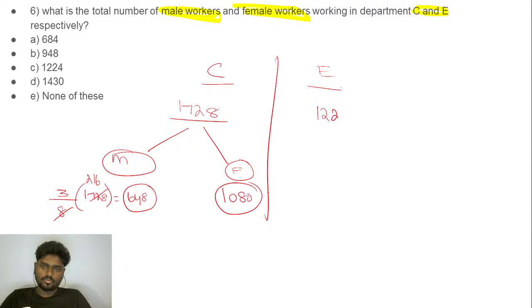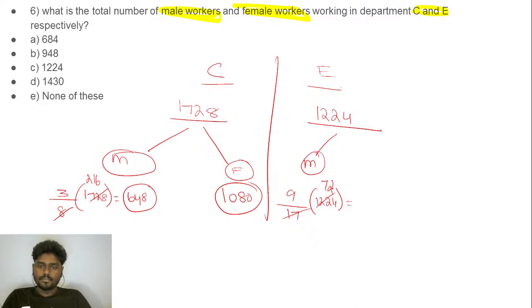So out of 1,224, the male is 9 out of 17. 17 goes exactly 72 times, and 72 into 9 gives 648 males. The females will be what then?